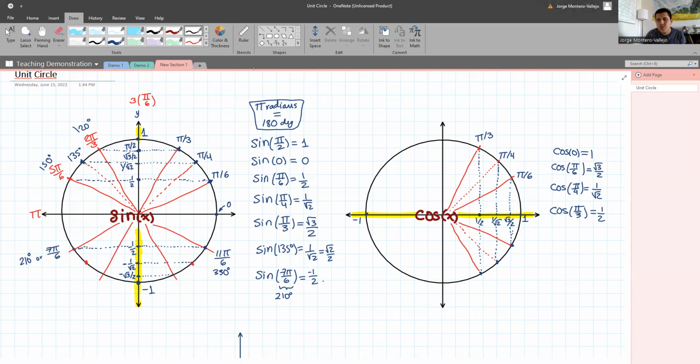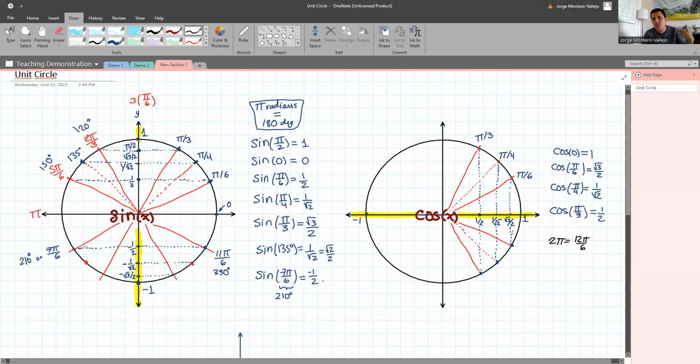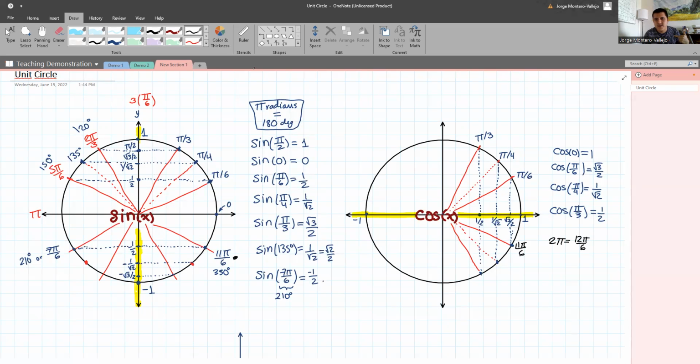This is 2 pi, right? 0 degrees is the same as 360 degrees, and 360 degrees is twice 180. And let's remember that 180 is pi, right? So 360 is 2 pi. So in terms of pi over 6, 2 pi is the same as 12 pi over 6, right? So if we take away 1/6 from it, we are at 11 pi over 6, which is what we got over here also, right?